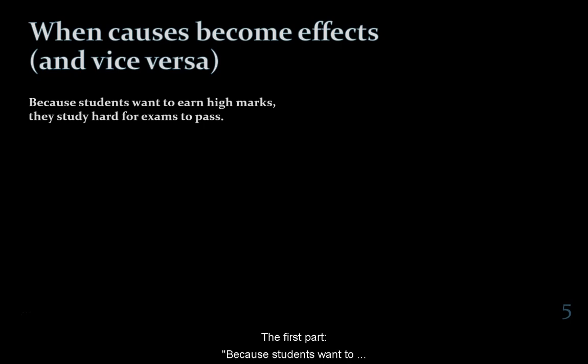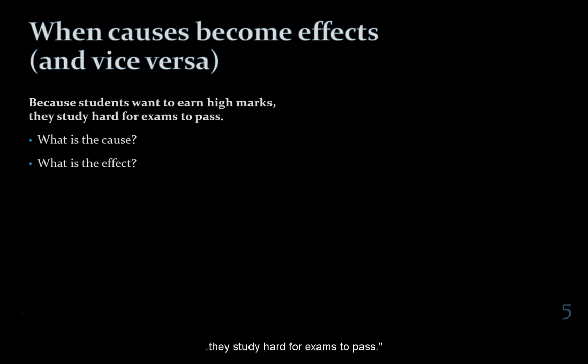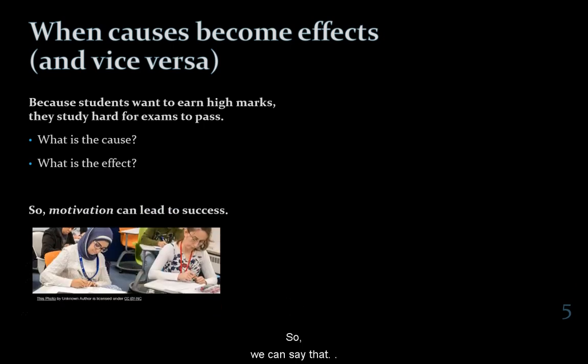The first part, because students want to earn high marks, is the cause. The second part is the effect. They study hard for exams to pass. So we can say that motivation can lead to success. The motivation is wanting to earn high marks. The success is passing the exam.